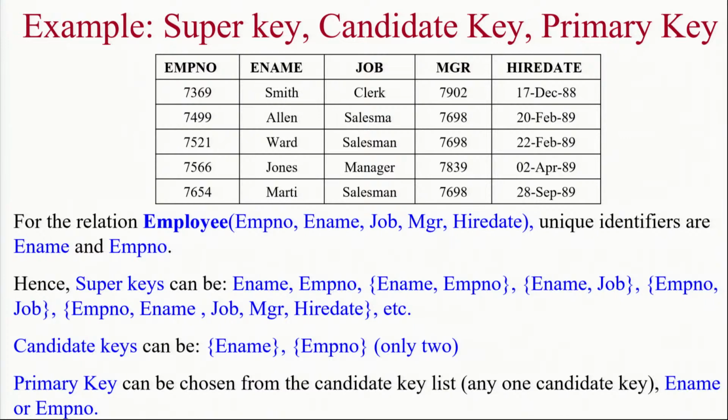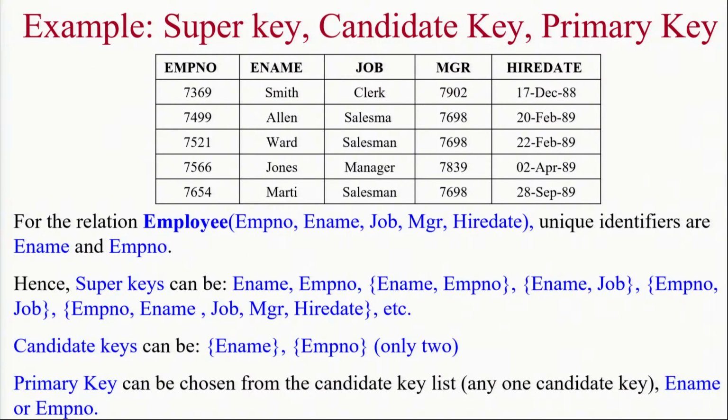And which are those attributes? Ename or employee number. Why not anything else? Because they are not unique in all records. There could be many clerks in this particular organization, there could be many managers, there could be many salesmen, right.